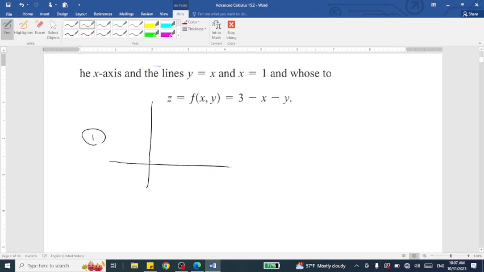It was y equal to x, the x-axis, the region bounded by, meaning enclosed, meaning surrounded, then x equal to 1, y equal to x, and the x-axis. Where is my region? Here is your region.